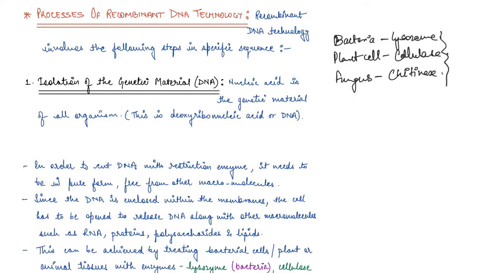Right? Now we also know that genes are located on long molecules of DNA which are intertwined with proteins. And these proteins are what? These proteins are histone proteins, right? Now basically what we do is we remove RNA first. So after breaking the cell, we will get the coiled DNA, along with all the macromolecules like RNA, protein, polysaccharide, lipids.